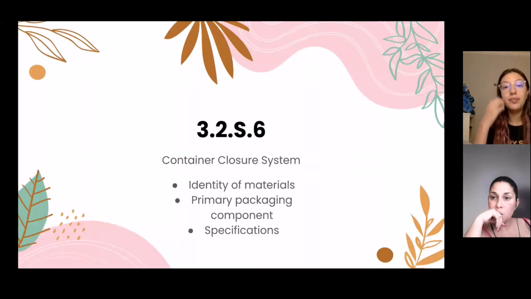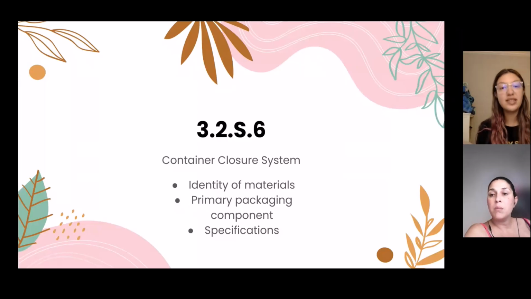It also has to come with the suitability of the specifications, how it should be suitable for how you choose the materials, the protection from moisture and light, and the compatibility of materials of construction with the specific drug substance that you're using. So in this case, vaccines.